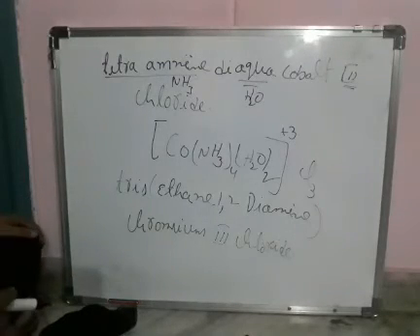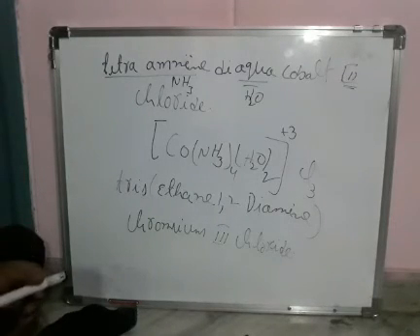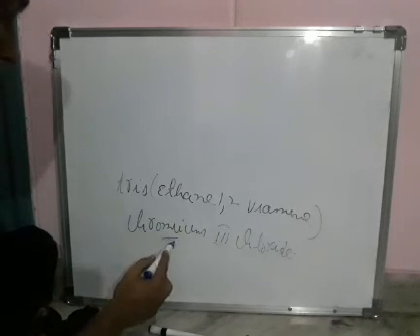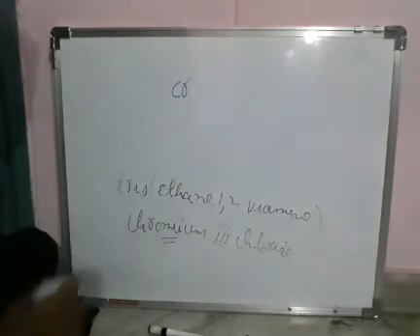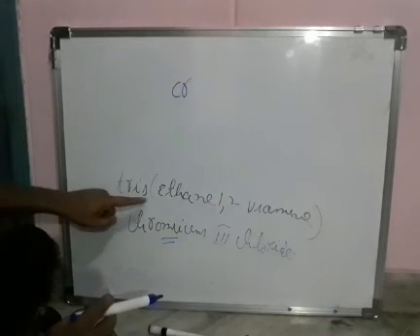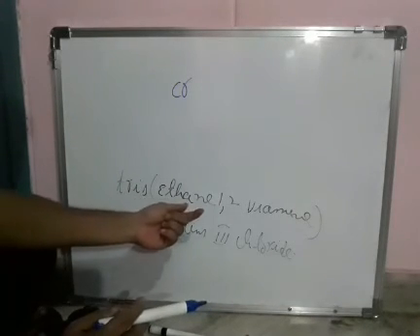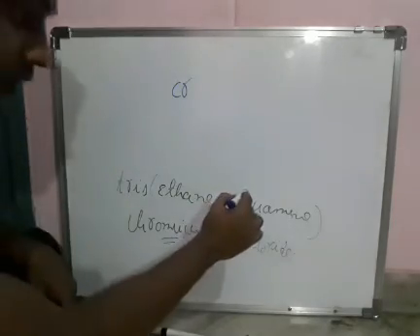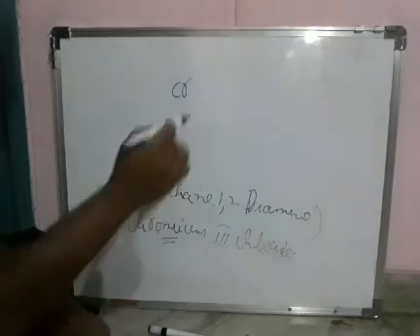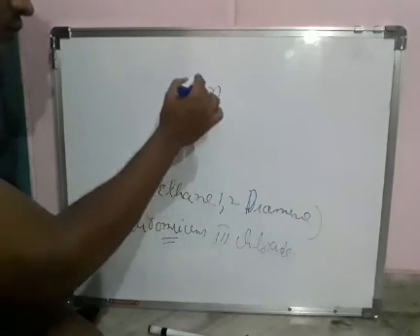How can we write the formula? We'll discuss that. First we have to mention the central metal atom chromium, so Cr. And after that the ligands, here ethane-1,2-diamine is there, so we write en.